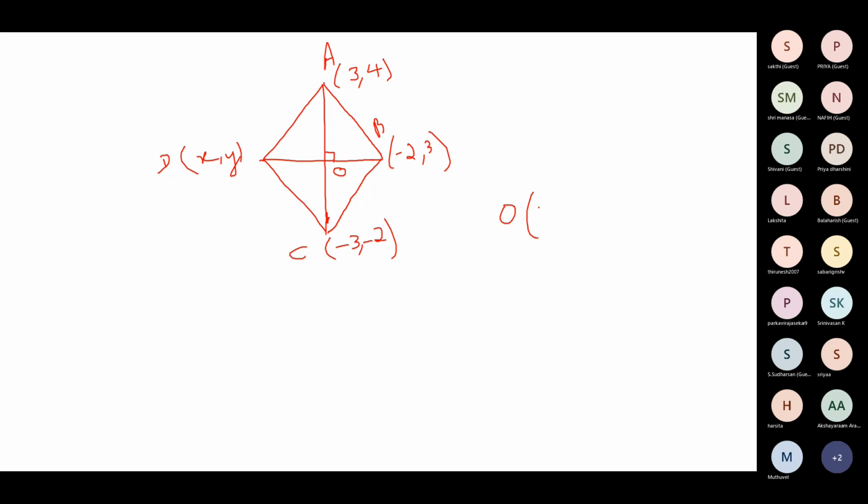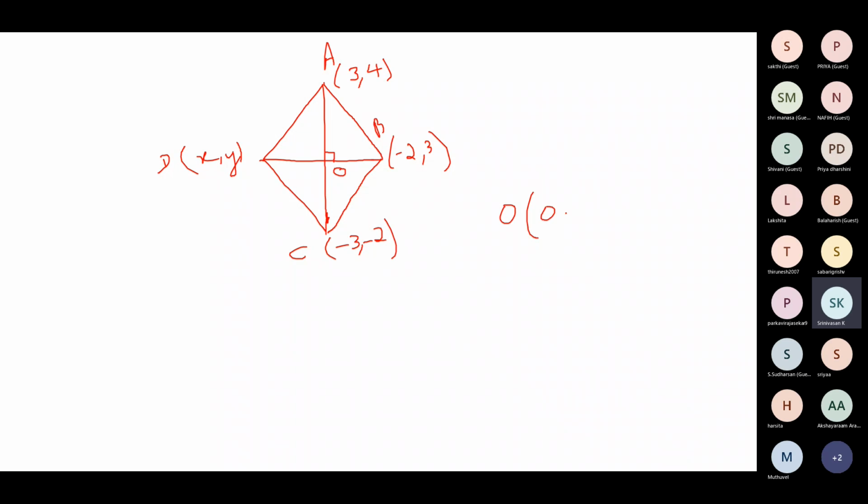What are the coordinates of O, Srinivasan? Class, what are the coordinates of O? Minus 5 by 2 and 1 by 2, ma'am. No. 0, 1, ma'am.